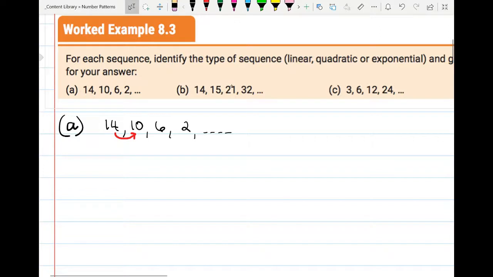So 14 to 10, that's down 4, again from 10 to 6, down 4, again from 6 to 2. So as we can see here, the difference between each term is constant. The difference between each term is the same. And so this is a linear or arithmetic sequence.